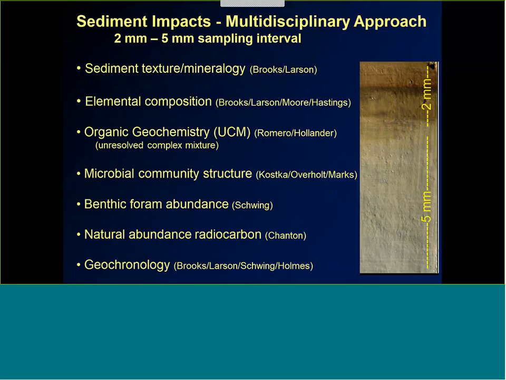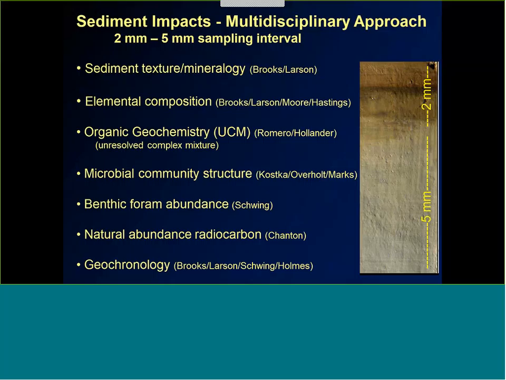We analyzed these sediments by a number of different parameters: sediment texture, mineralogy, and elemental composition. Texture is basically the grain size, grain shape, grain attributes. Organic geochemistry, Isabel Romero, David Hollander will talk about these. Microbial community structure, Joel Koska's group at Georgia Tech took the lead on this.